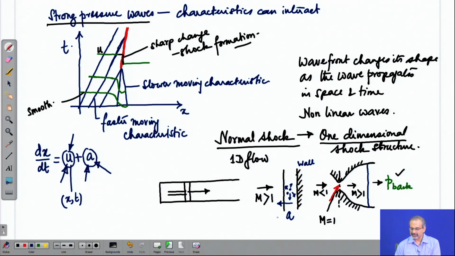It propagates at the speed of sound, the sonic speed. At what velocity is the flow approaching the wall? It is propagating at more than sonic velocity, because you have M greater than 1, and by definition M is v by a.